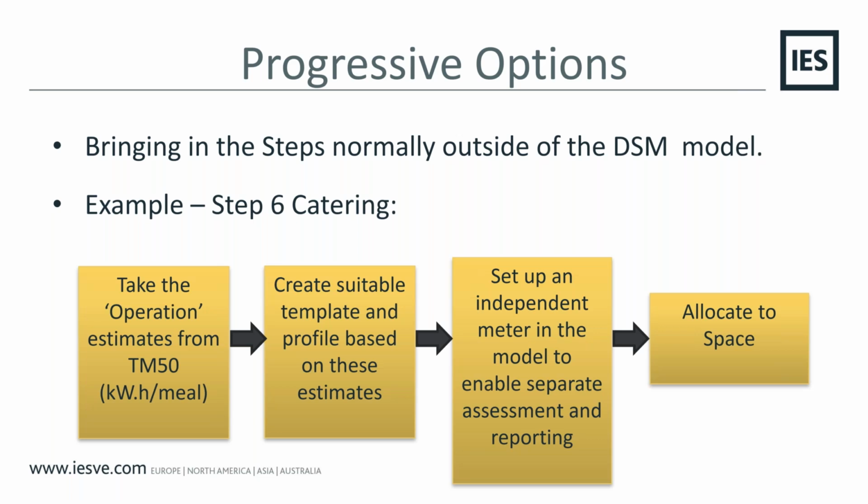By first assessing the total annual energy load based on the client information or data within TM50, we can take this back and granularize the information into a template. We can then profile it to a daily, weekly, and annual use, assign a meter, and therefore be better placed to assist not only with the estimated annual energy use, but also peak maximum demand.